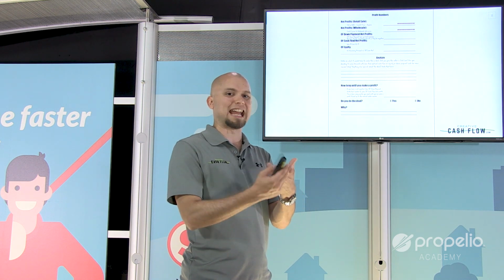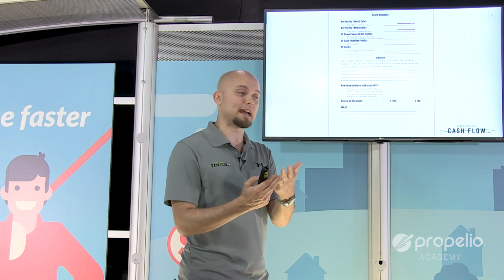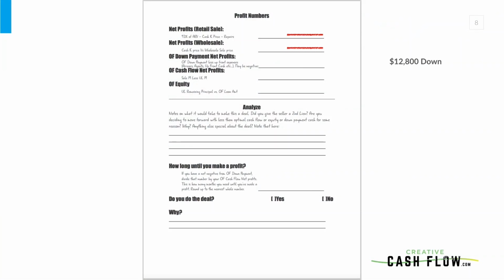We spent on the agent commissions, the repairs, and the back payments. So you've got $12,800 down, you had $7,000 in repairs, you had $8,000 in arrearages, you had $3,800 in agent commissions, which means that at the end of the day, you had a net negative of $6,040.